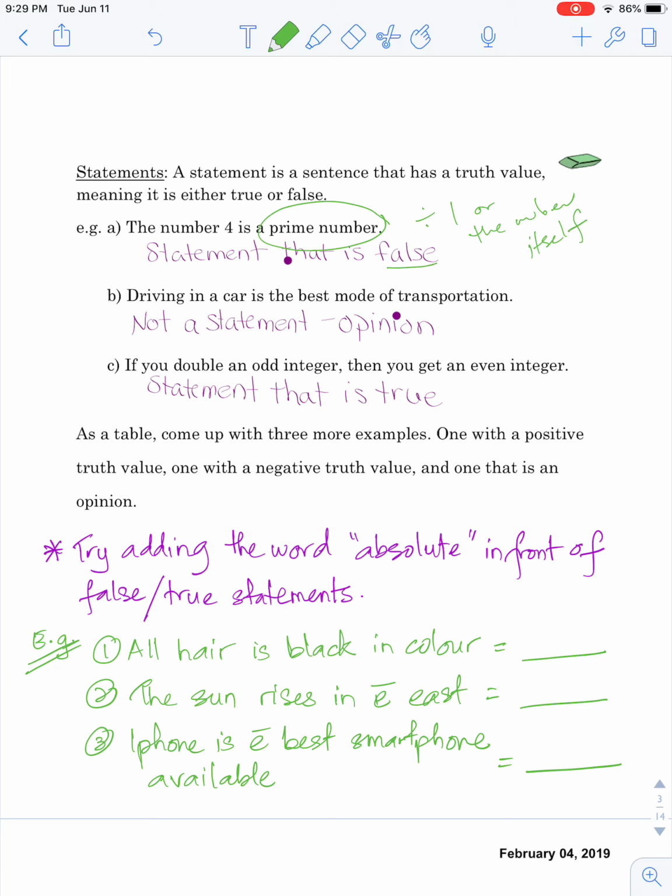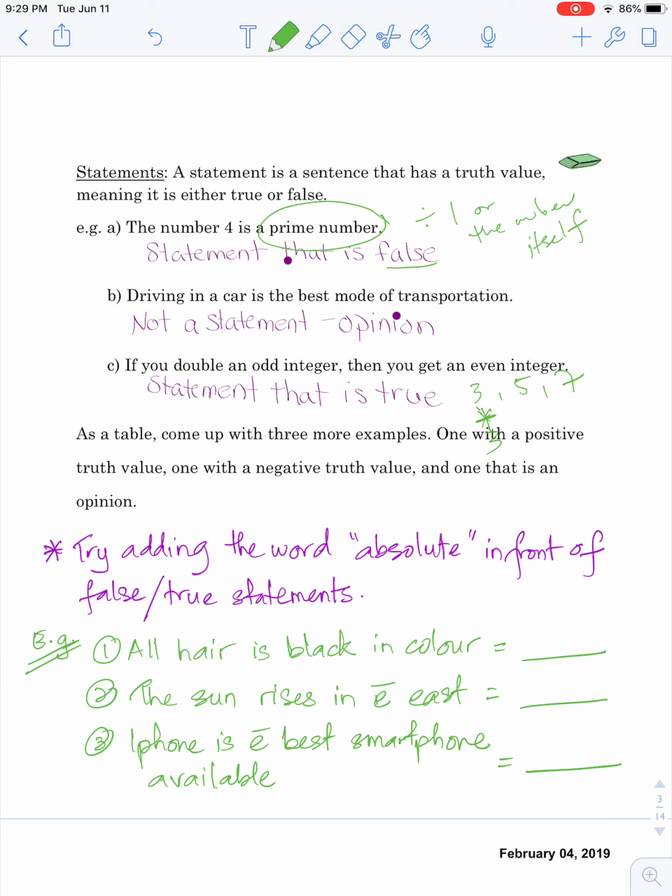Then, driving in a car is the best mode of transportation. It's not a statement, it's an opinion. Again, a good example of an opinion. And then, if you double an odd integer, then you get an even integer. That's an absolute truth because take an odd number, say 3, 5, 7.